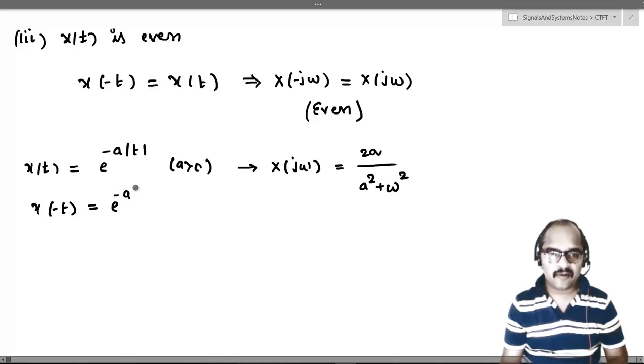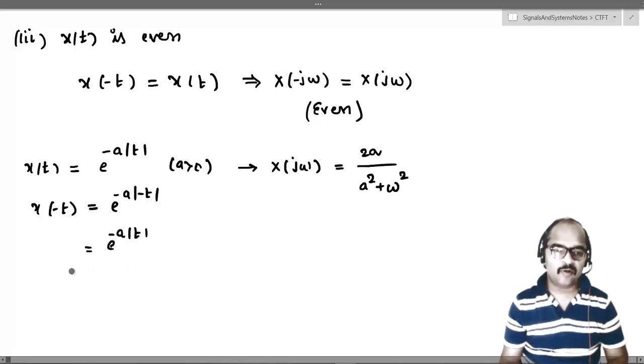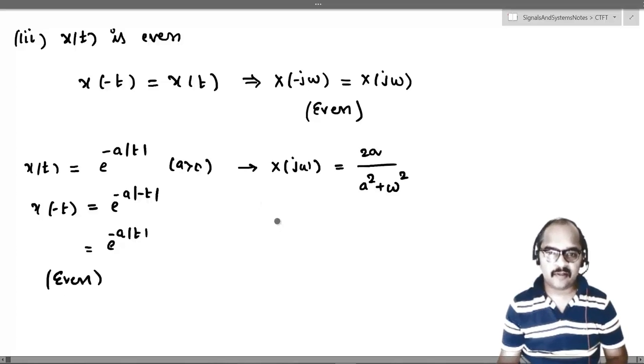e power minus a modulus of minus t, which is same as e power minus a modulus of t, means this signal is even. Now let us see what happens in frequency domain.